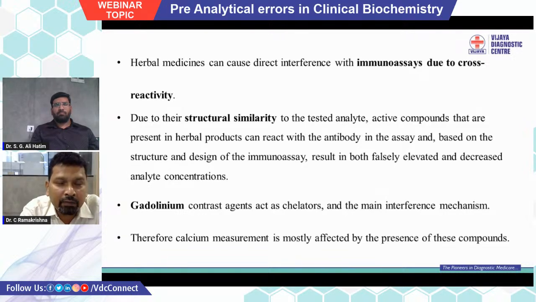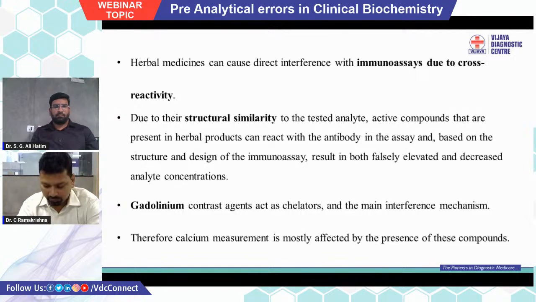And finally, we have the contrast reagent gadolinium, which is a chelating agent, and it causes the interference mechanism and leads to abnormal calcium levels.